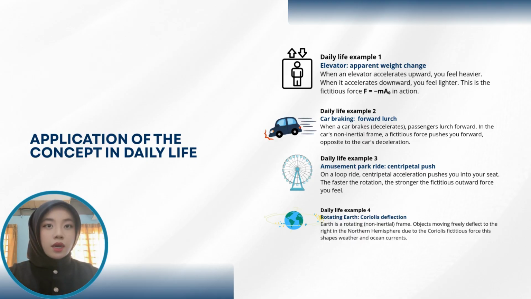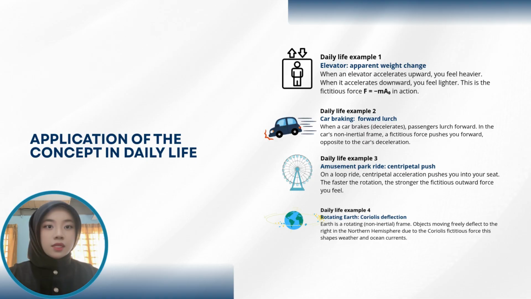Example 2. Car braking. The second example is a car braking suddenly. When the car slows down, passengers tend to move forward due to inertia. From inside the car, it feels as if a force is pushing us forward, but it is actually a fictitious force caused by the car's deceleration. Example 3 is an amusement park ride.